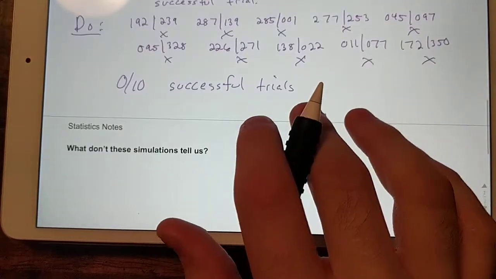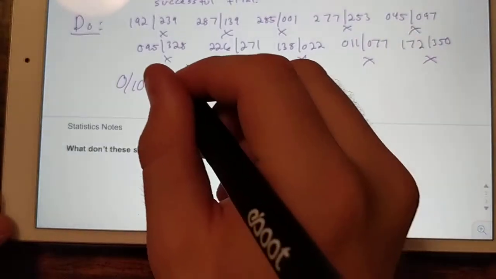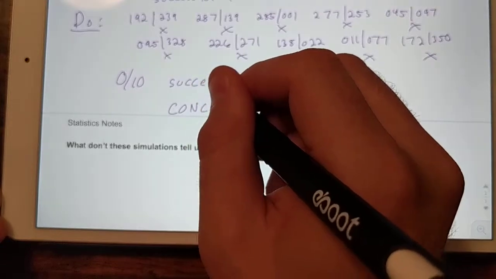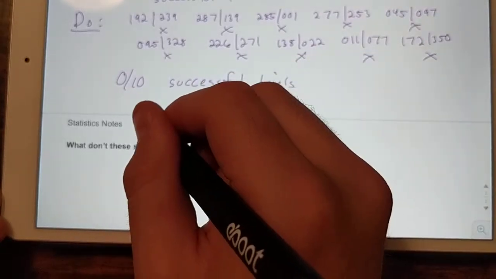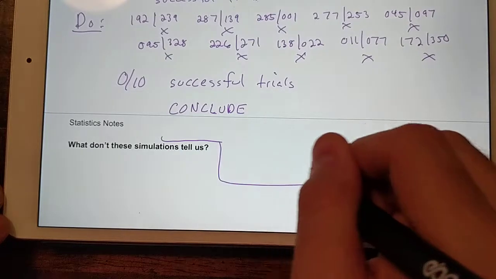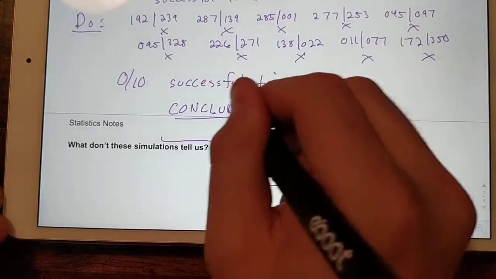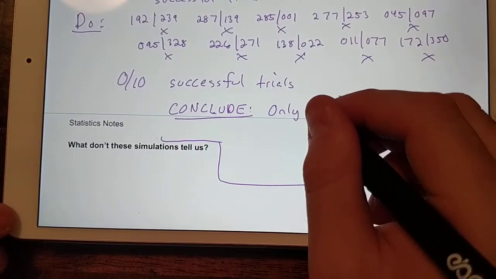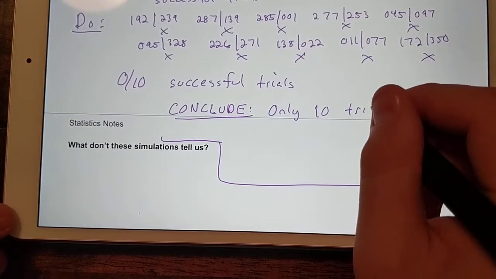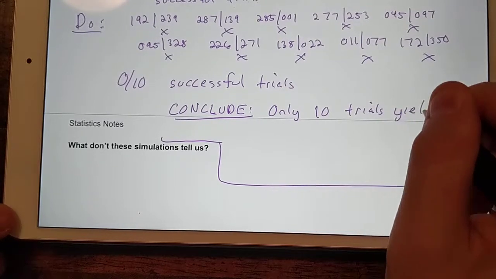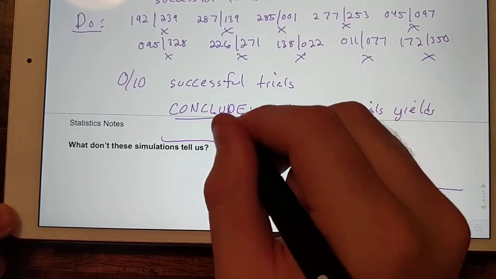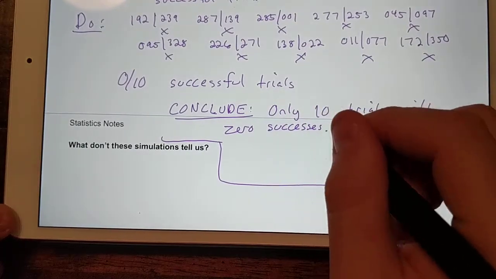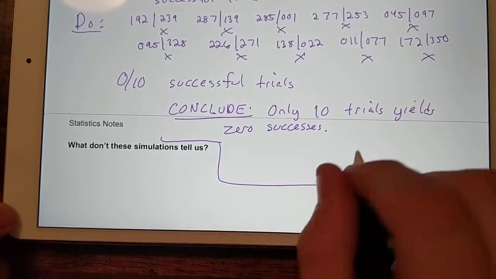All right, the last part for simulations, you're going to conclude. I'll try and get some space in the next paper here to write. We're going to conclude. So only 10 trials yields 0 successes. I attempted 50 trials on my own.